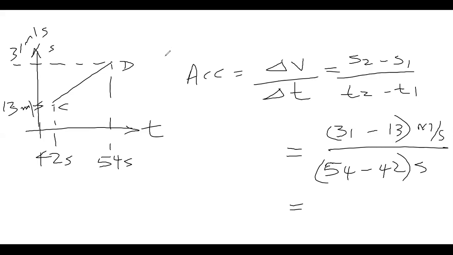Your answer is 1.5 meters per second squared. Why do we use meters per second squared? Because that's the unit of acceleration. And besides, the s here and this s here are going to multiply each other. When they multiply the same variable, it is squared. All right. Good. So everybody okay with this so far?